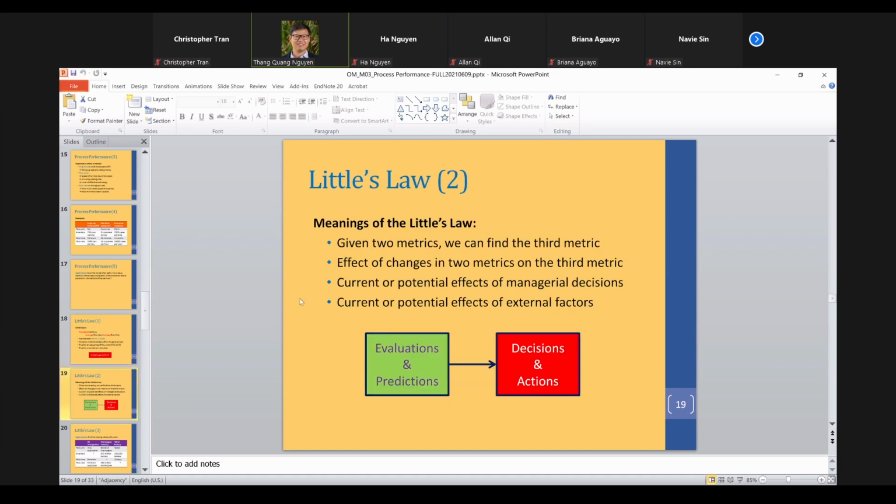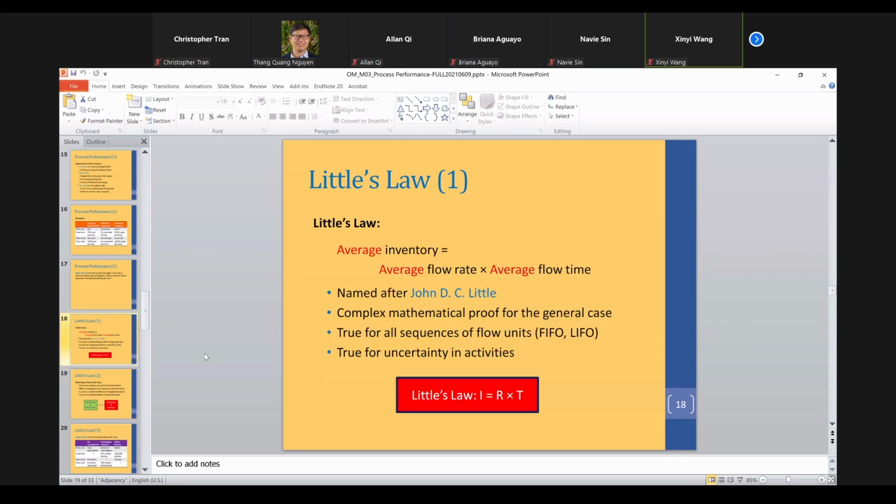Little's Law is meaningful in the following sense. Sometimes it's very hard to measure one metric. In that case, we measure the other two first, and then we can infer the third one based on this equation, because if we know two, then we can infer the third.